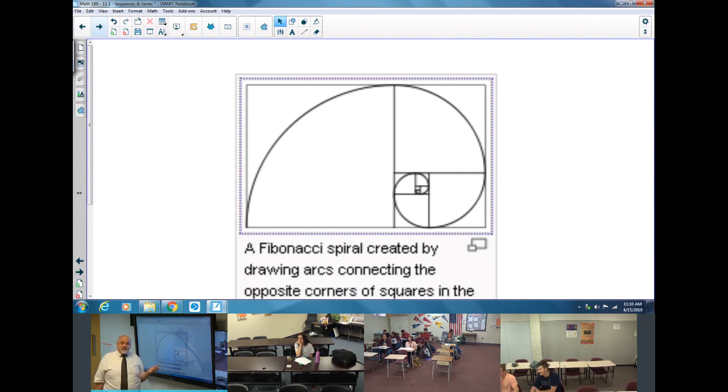If you were to take those rooms and draw a spiral that would go from corner to corner in all the rooms of the Fibonacci architecture, you find what's called the Fibonacci spiral. And the Fibonacci spiral occurs in nature, in conch shells and different seashells that have this Fibonacci sequence as part of it.